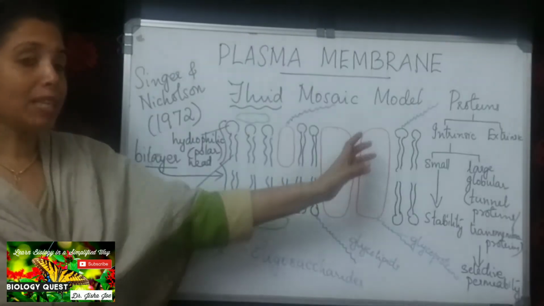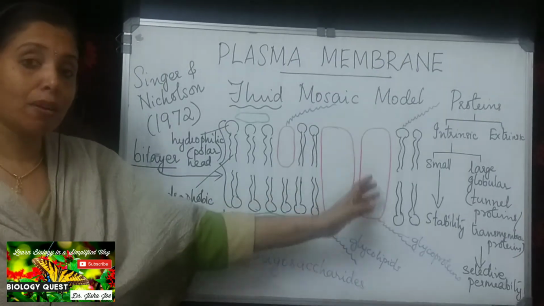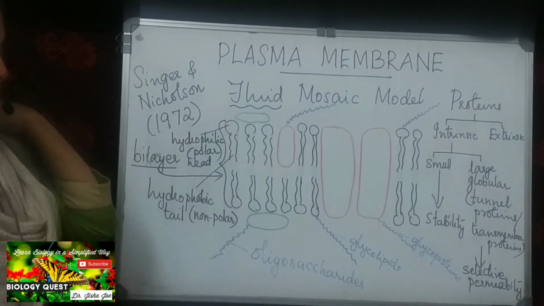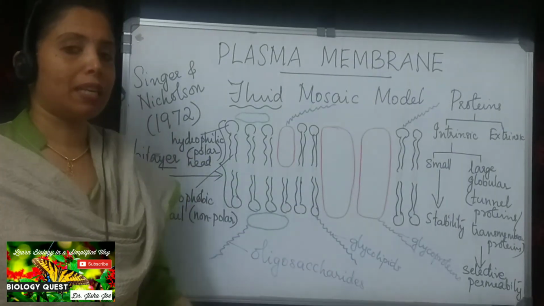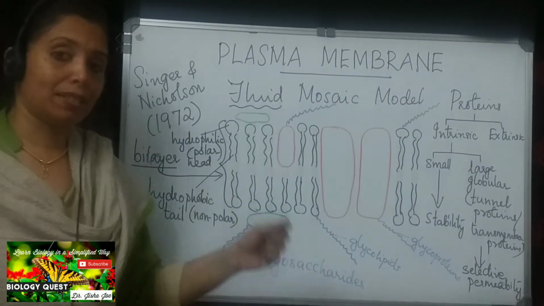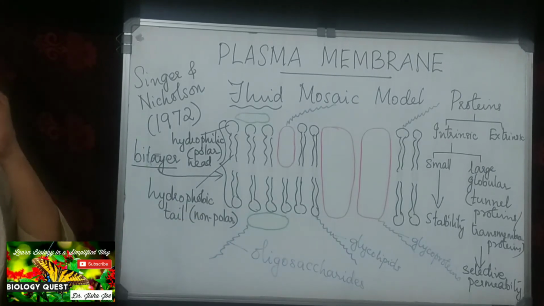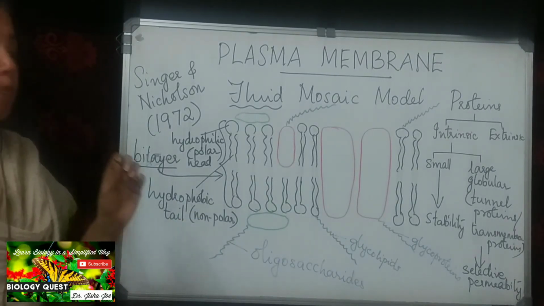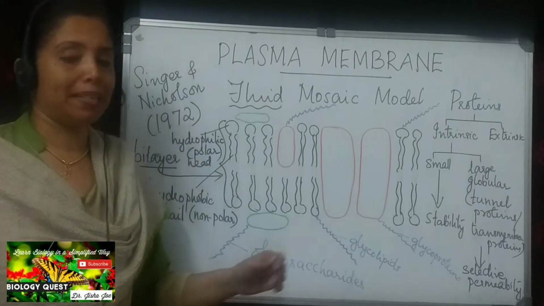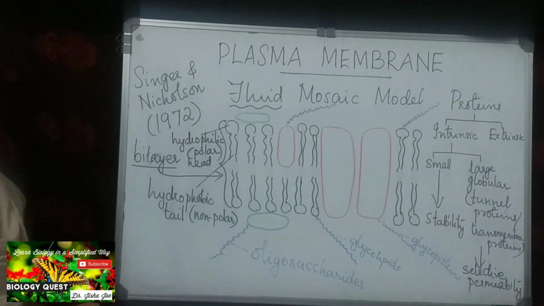You can see these proteins traverse the entire width of the plasma membrane. The small integral proteins provide stability to the plasma membrane, and the tunnel proteins or transmembrane proteins provide selective permeability to the plasma membrane.